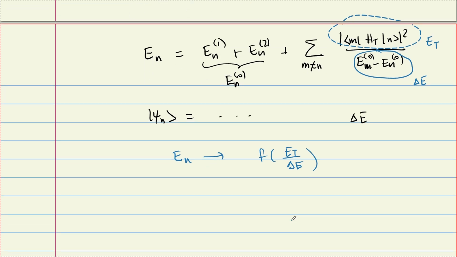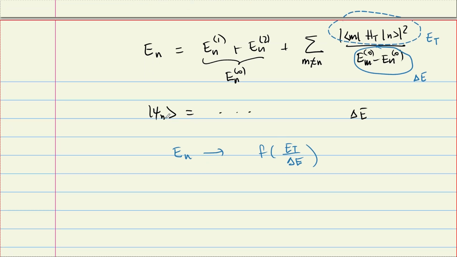And the wave functions are also only a function of E Thouless divided by delta E. If wave functions and corresponding eigenvalues depend only on E Thouless over delta E, everything else also depends only on E Thouless over delta E. Of course, in the perturbative limit this is easy to see, but we are also conjecturing this to be true even in the non-perturbative limit, which makes sense.